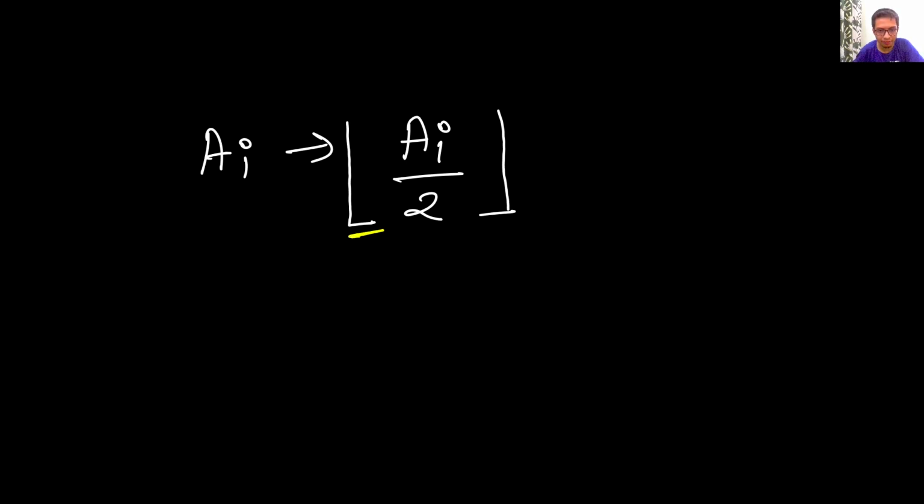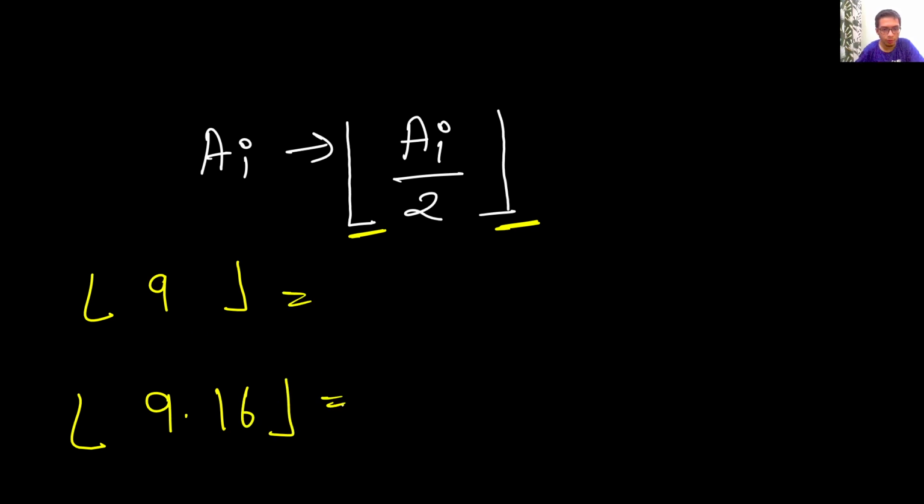So here we have lower bound functions, and inside these lower bound functions, we can have two kinds of values. That is, either I can have a non-decimal value like 9, or I can have a decimal value like 9.16. In the second case, 9.16 would be converted into 9, which is an integer. In the first case, 9 would still remain the same.